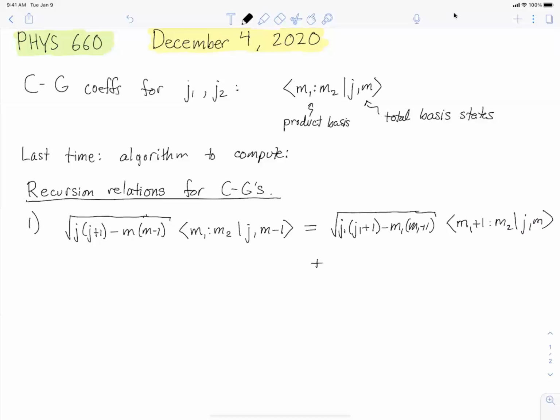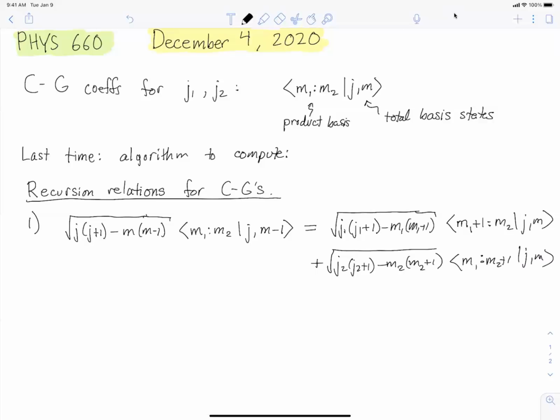Then there's a second term, with j2 plus 1. Basically it's the same thing, but with the label 1 replaced by 2. I'm using colons to distinguish the product basis. And that's, in disguise, the thing that we used that came from the J minus operator.